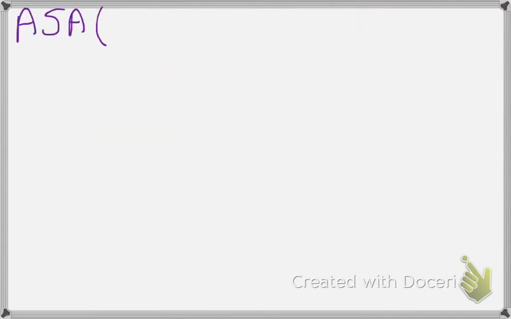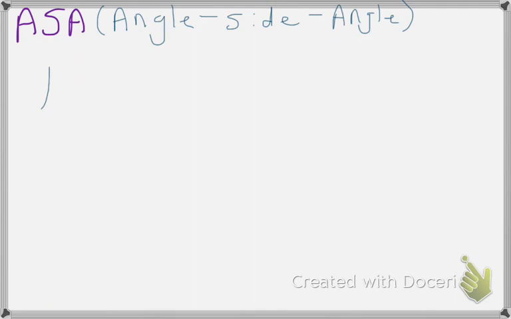Here's the next one. Angle, side, angle. And here, the S is in the middle. So the side has to be in the middle. Okay, let me draw that real quick.